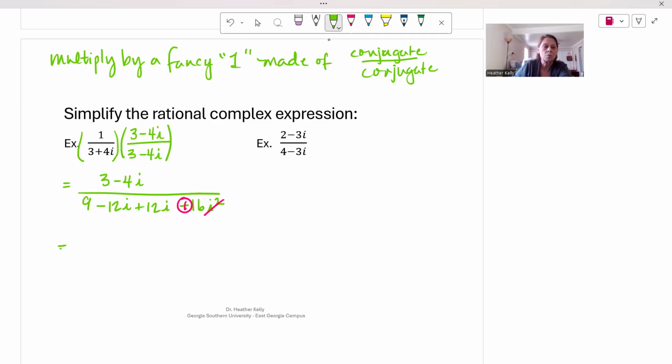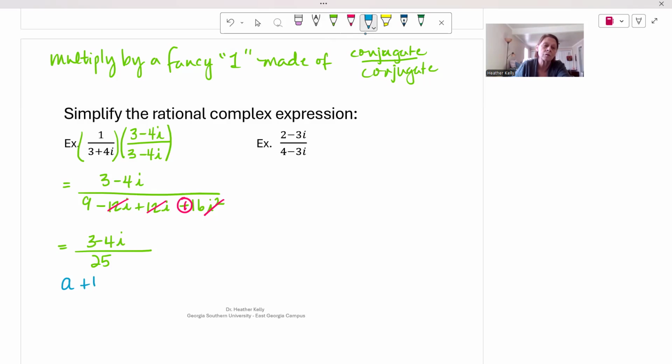Okay, now my top is still going to be 3 minus 4i, but the bottom now is going to be 9 plus 16 is 25, and negative 12i, positive 12i, the i's go away. In fact, if all your i's do not go away, you messed up on your conjugate. Okay, so be really careful. Now, we still have one more step, and the last step is to put it in a plus bi form. You might think this is a plus bi form, but it is not.